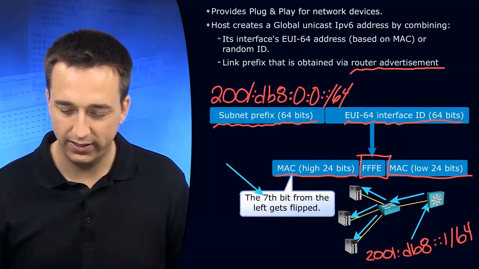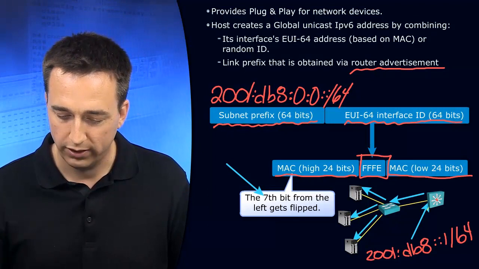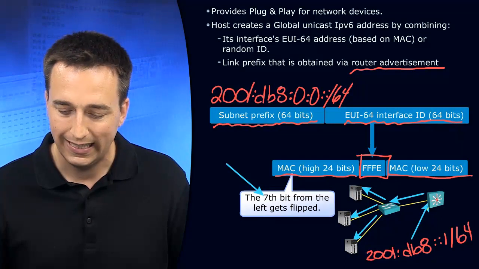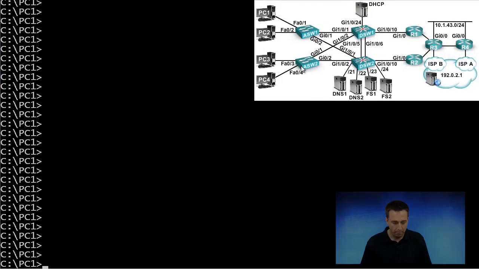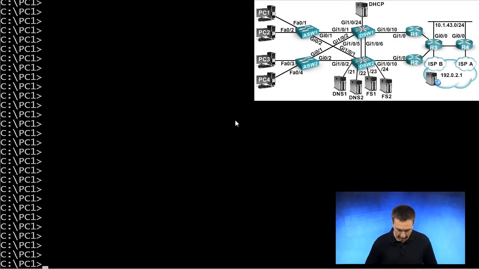Let's examine this in a little more detail just to make sure we are fully clear about what is going on. So let's go to PC1 in our environment, and let's issue the ipconfig /all command so we can identify the MAC address.